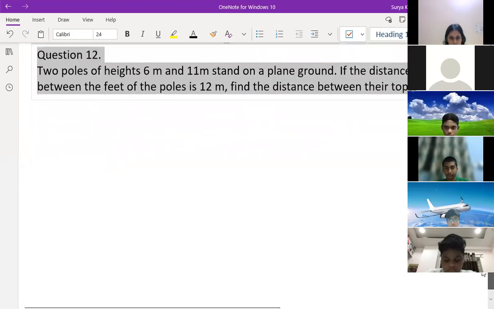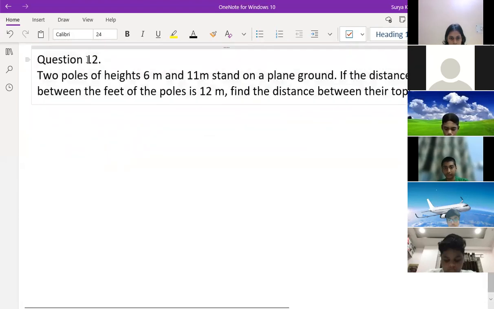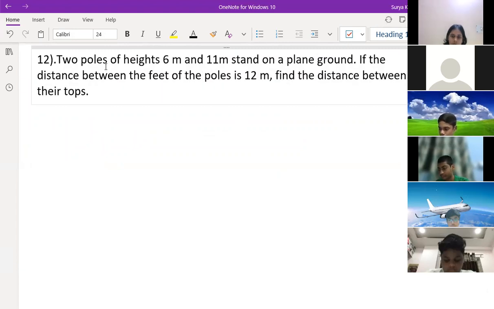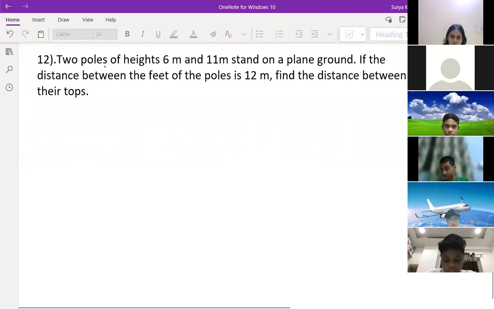See this question. Two poles of heights 6 and 11 meters standing on a plain ground. If the distance between the feet of the poles is 12 meters, find the distance between their tops. Everyone can do this easily.